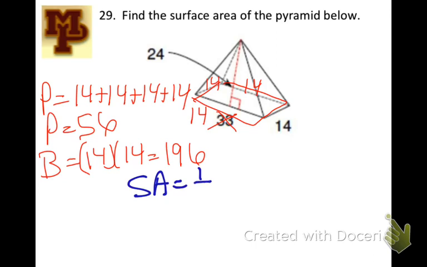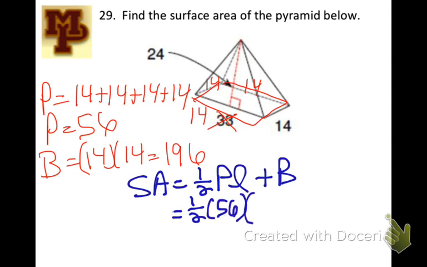The full formula for the surface area of a pyramid goes like this. It is 1/2 times the perimeter of the base times the slant height plus the area of the base. So let's plug it all in. We figured out the perimeter of the base is 56. The slant height was given right here, 24.